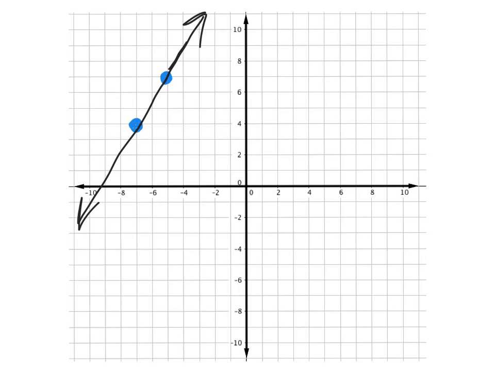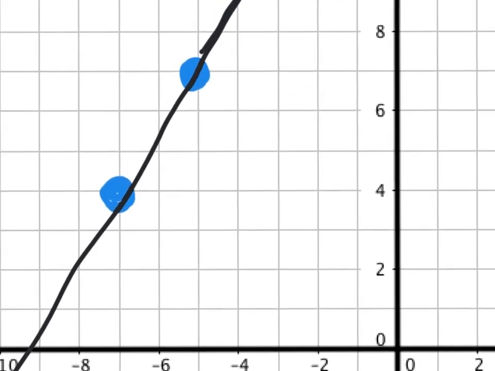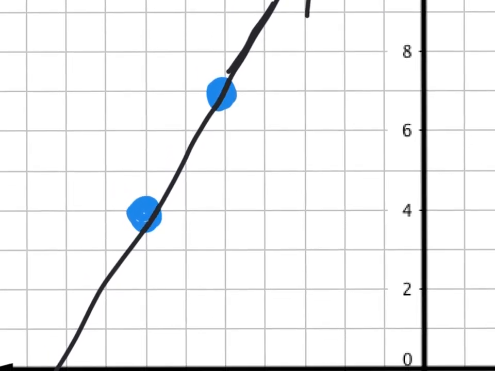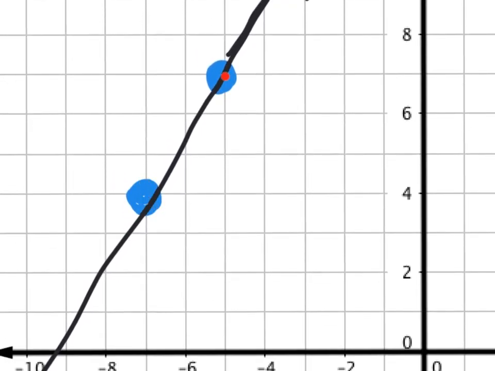Now specifically, if we want to know the actual value of the slope, we take these 2 points that I used to create the line, and I'm going to measure the rise and the run. As we go from this dot up, we see that it rises 3 and it runs 2.